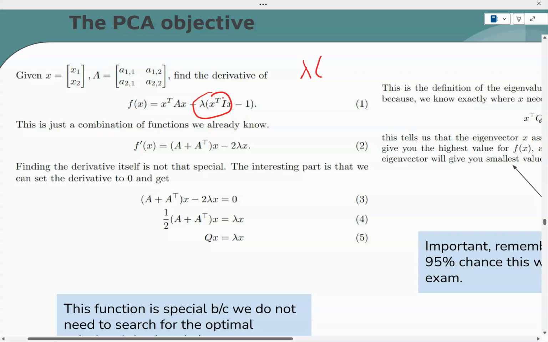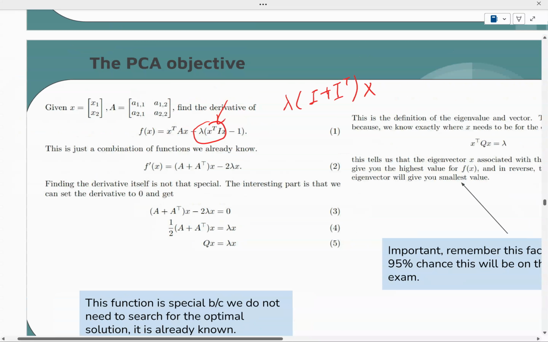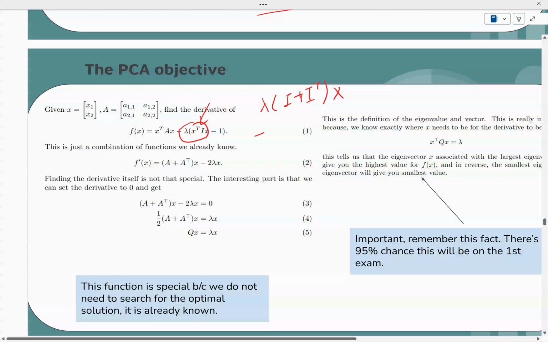And over here is lambda. So the derivative of this would be I plus I transpose X. And I haven't defined I here yet. I is equal to identity. Looks like this, which is equal to its transpose. So I plus I transpose is equal to 2I.